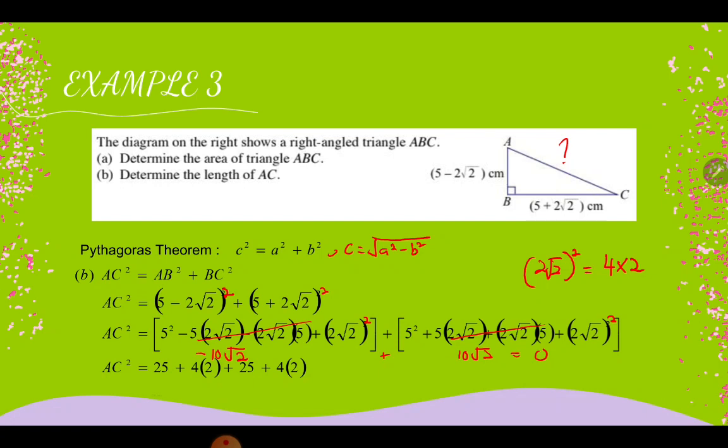So we have AC is equal to surd 66 centimeter. Okay, simple. You just apply the knowledge that you've learned before, Pythagoras theorem.